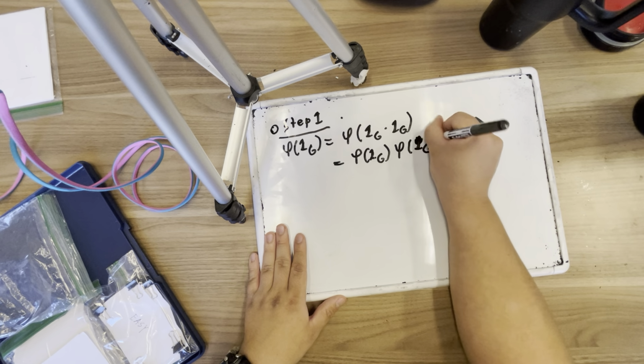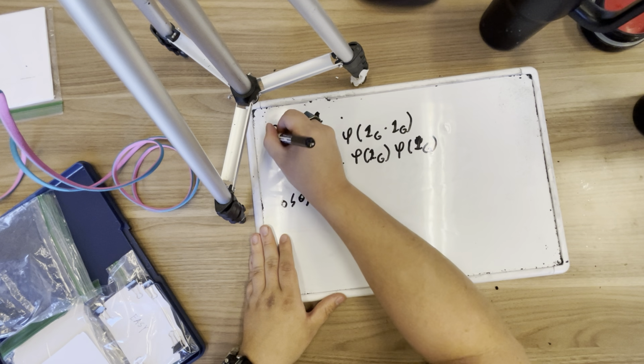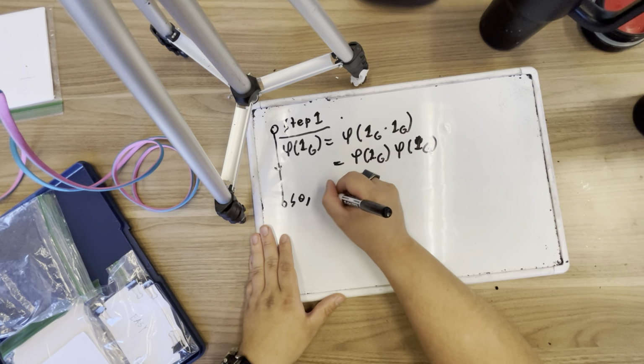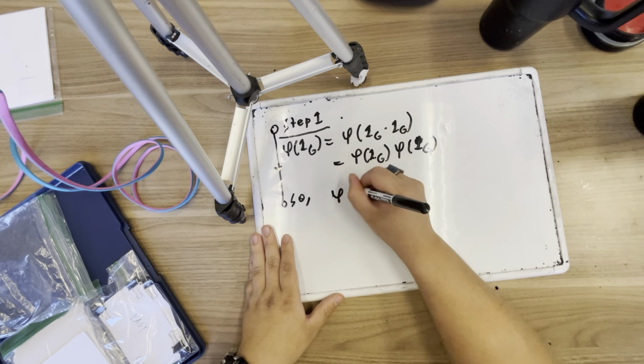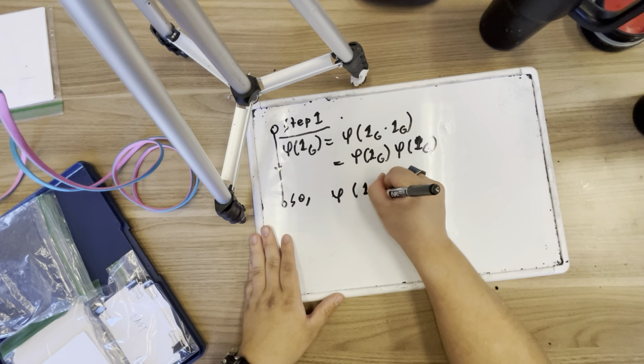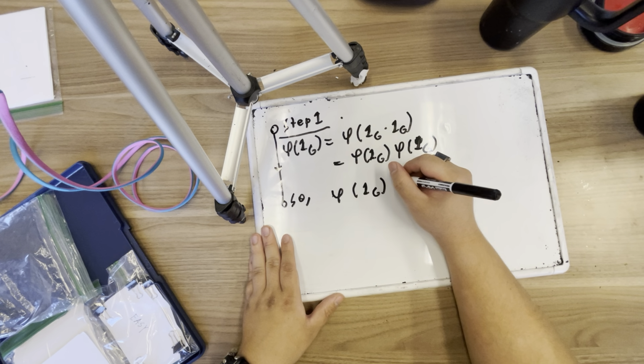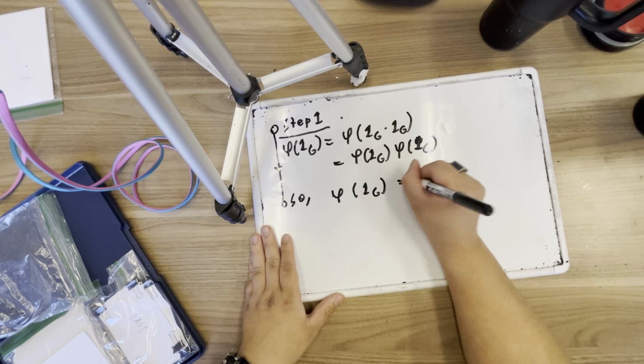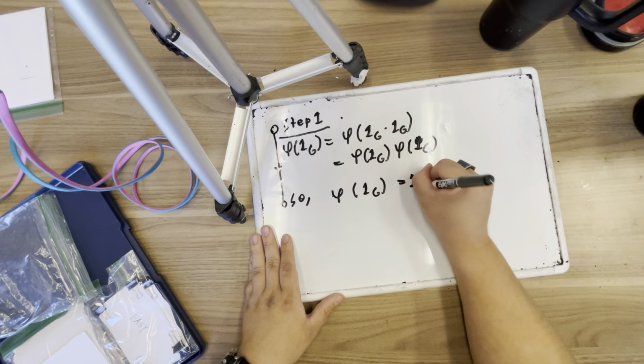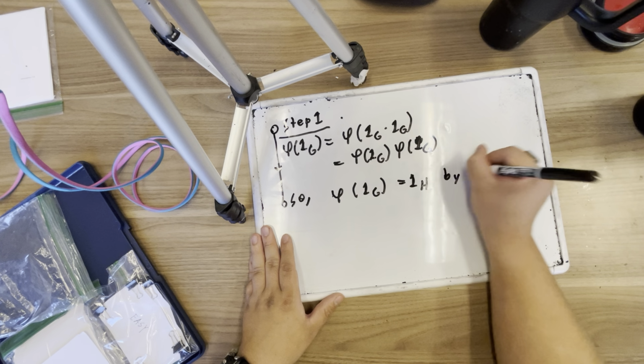So phi of 1_G is equal to 1_H by cancellation in H.